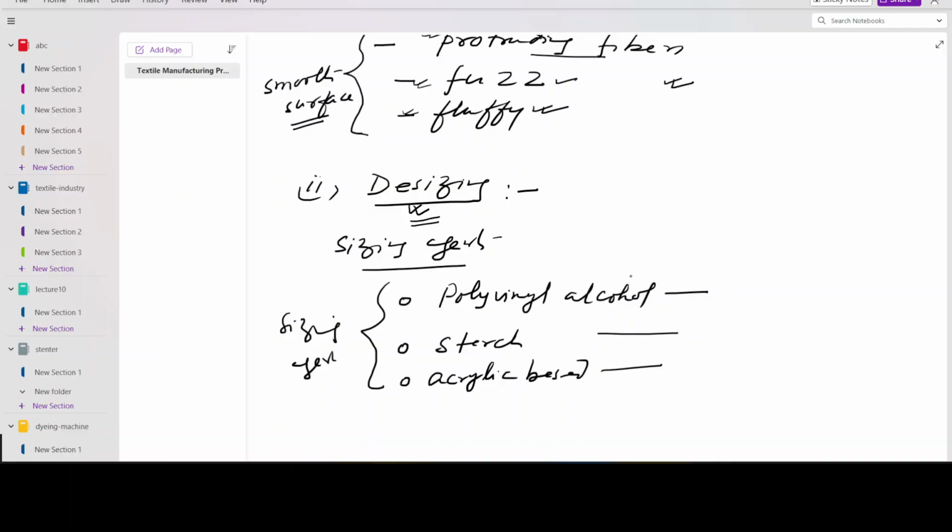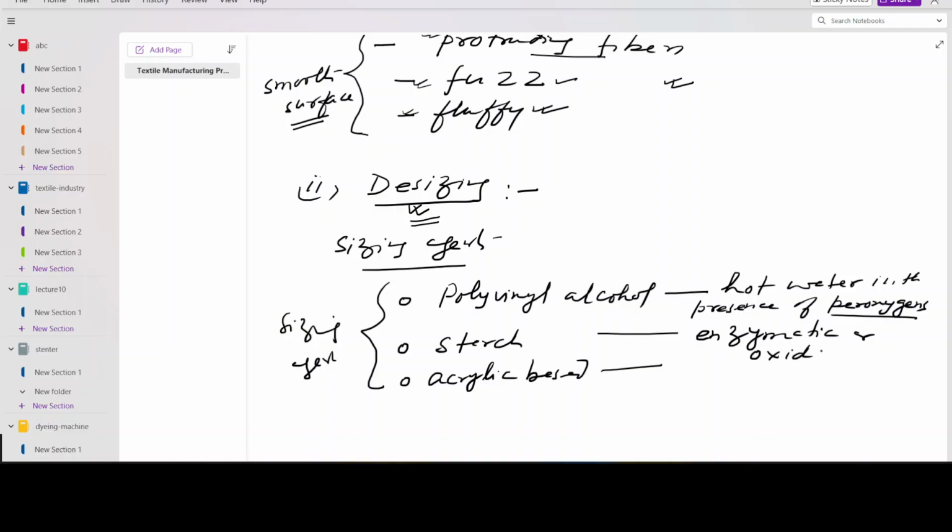For removing polyvinyl alcohol, we use hot water in the presence of peroxygens, and for removing starch we use enzymatic or oxidative treatment.